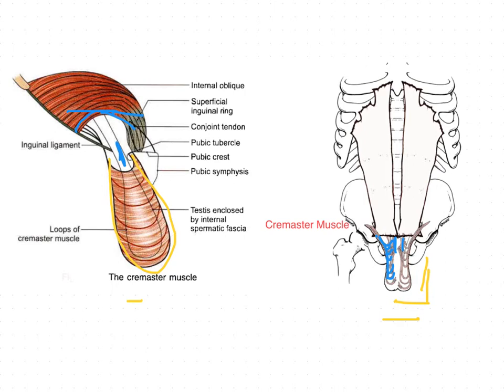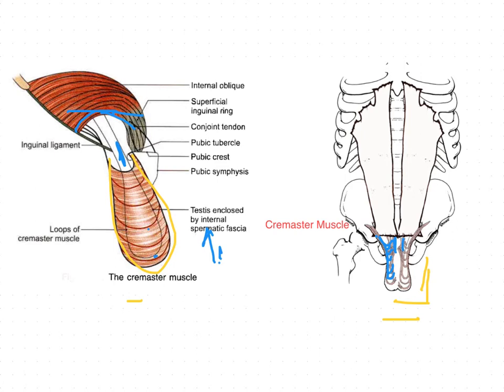This muscle also exhibits a reflex called the cremasteric reflex. How is this reflex seen? When the skin of the upper medial part of the thigh is stroked, there is a reflex contraction of the cremaster muscle, which can be seen as elevation and retraction of the testis.